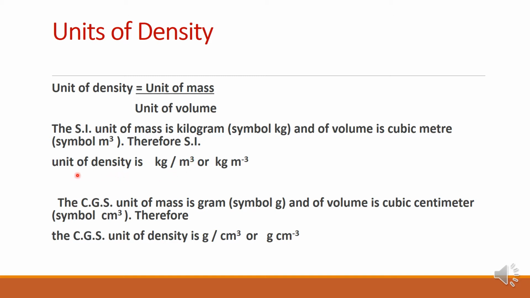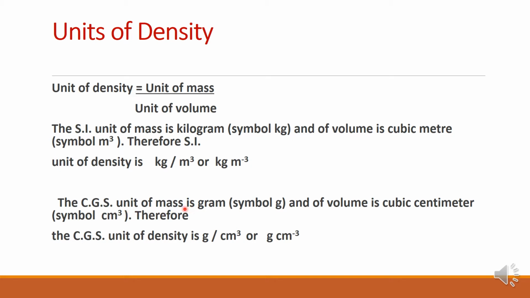So what is the unit of density? It is kilogram per meter cube, or kilogram meter raised to -3. That is, instead of writing it in the denominator, we put it with a negative sign. The unit of mass is also gram, so you can write the CGS unit too.